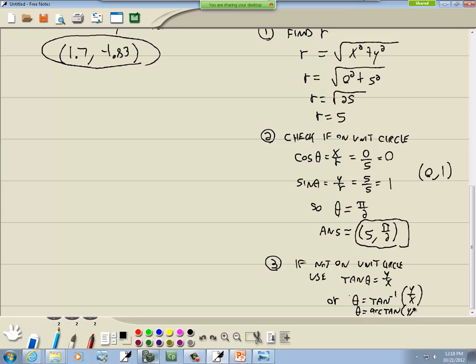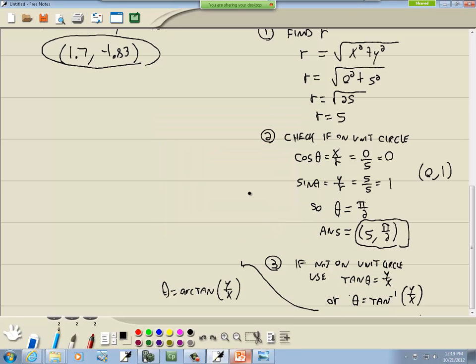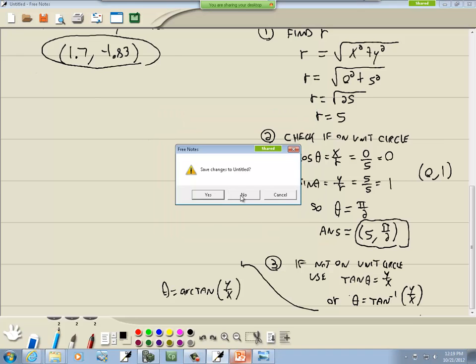So that's arctangent of y over x. Now we'll see some problems dealing with that, but let me save this. And we'll take a look at our next problem.